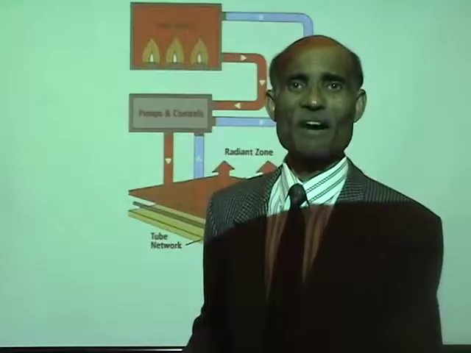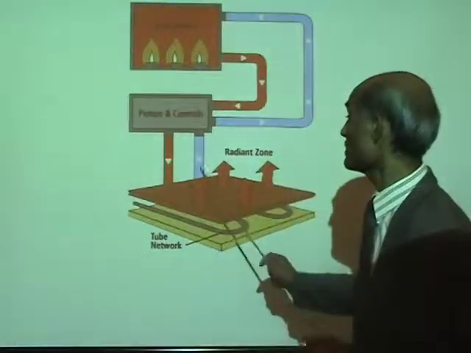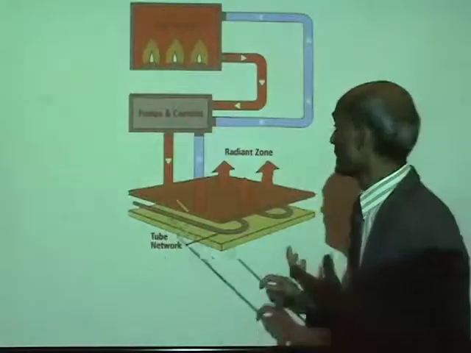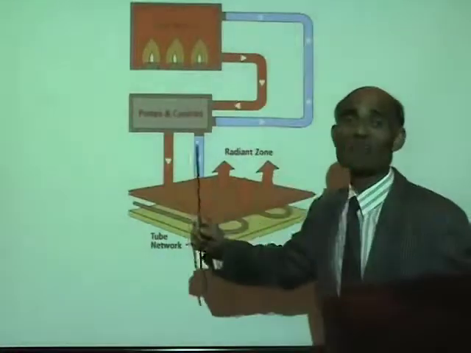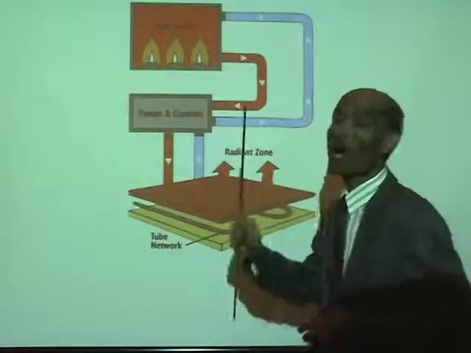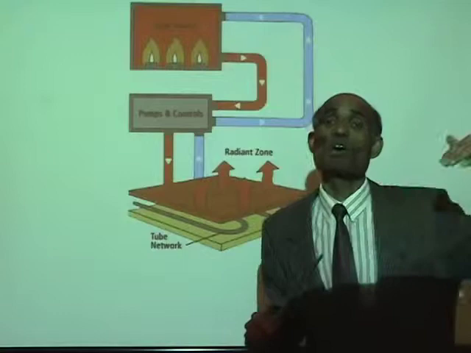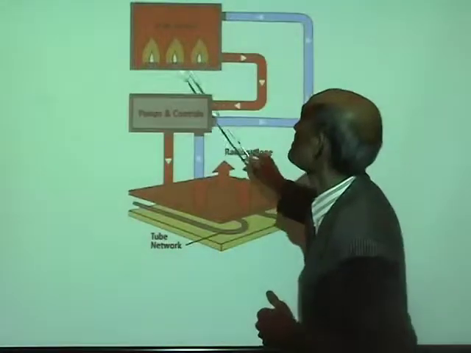Yeah. And finally, I have one more illustration of the phenomenon of convection and radiation. If you know how the heating system of a house works. Now this is not very common in Florida, but if you go to the north, the heating system is very similar to this.